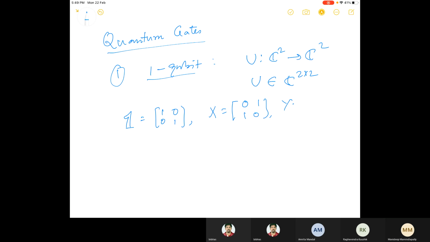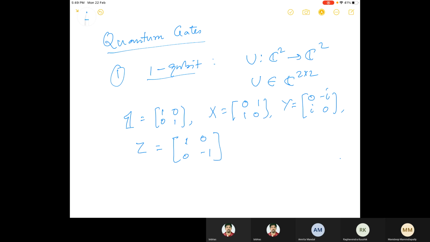And you can also have sigma y, the Pauli matrix, which is 0, minus i, i, 0. And sigma z, which is 1, 0, 0, minus 1. These are of course one qubit gates, and these are very, very fundamental gates.